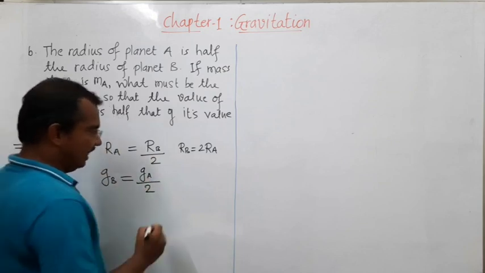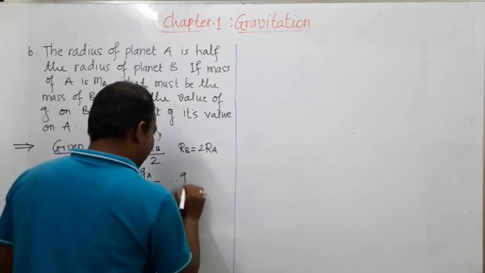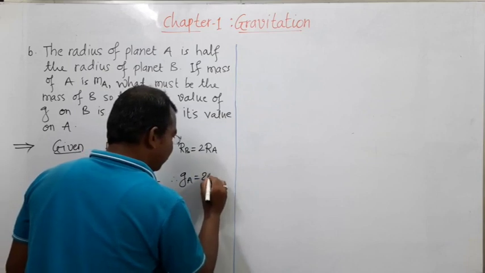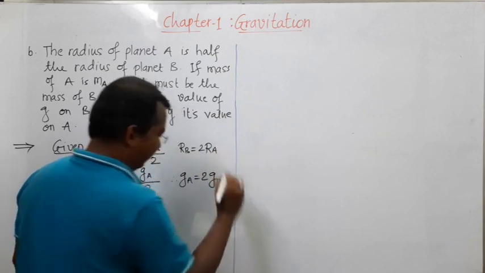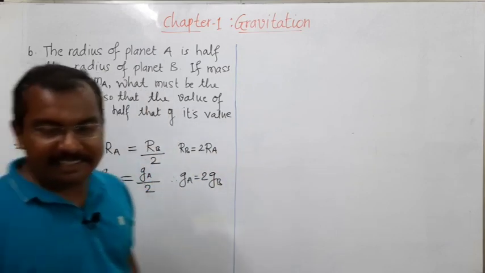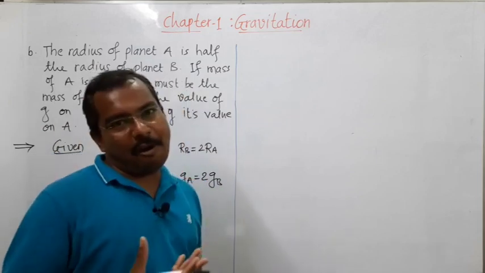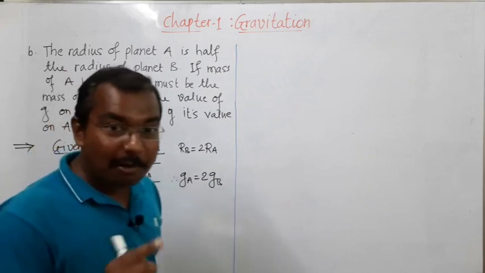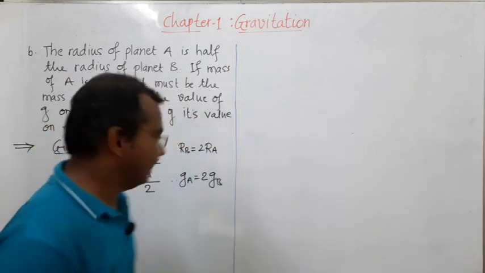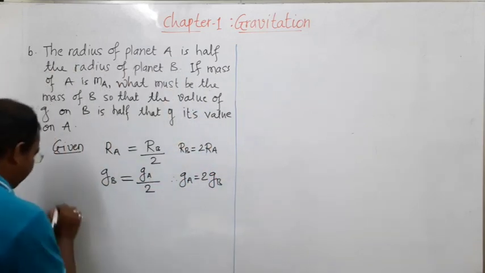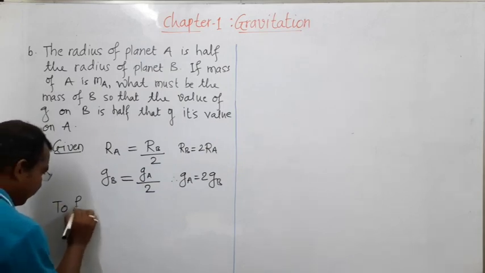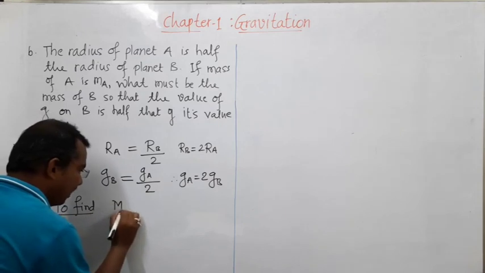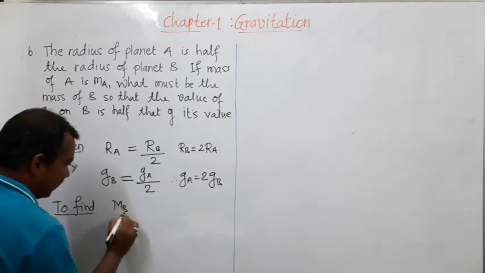Again you can write this as GA equal to 2GB. So to find is the mass of the planet B, not mass on the planet, mass of the planet. That is the MB.